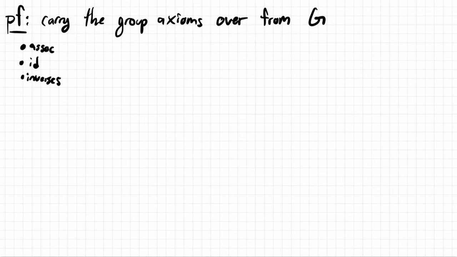So how would this look? Let me talk about identity for a second. We have an identity 1 in G.